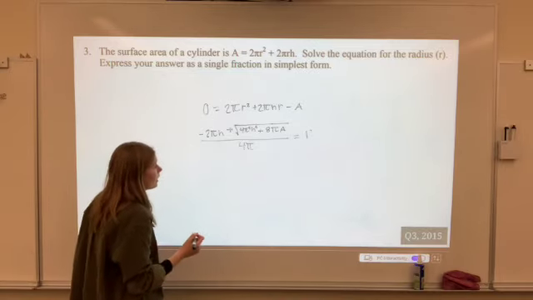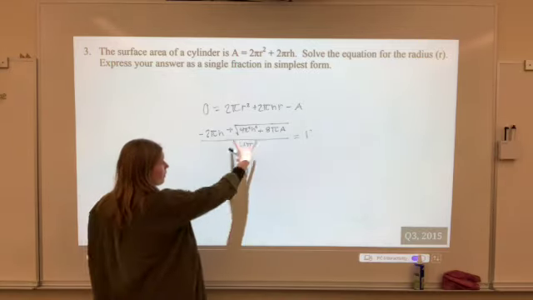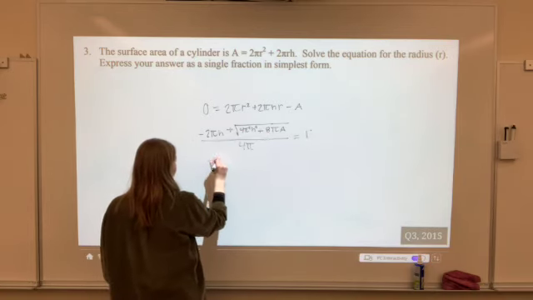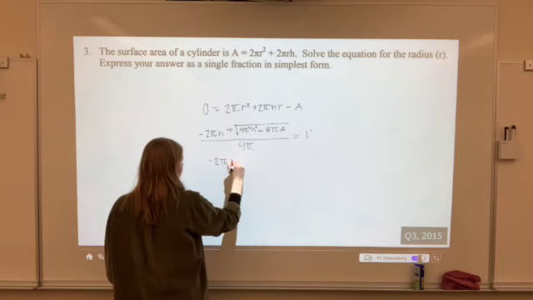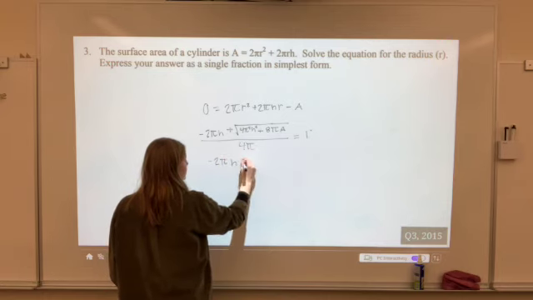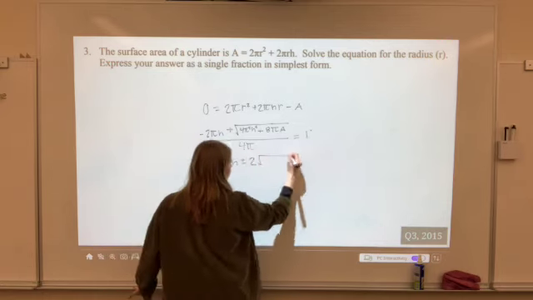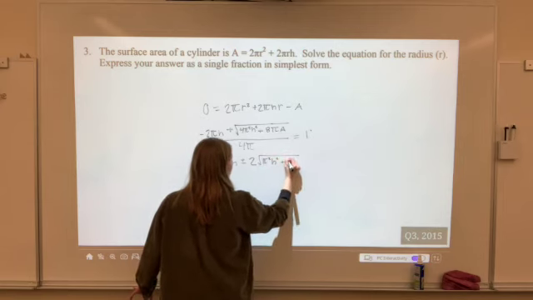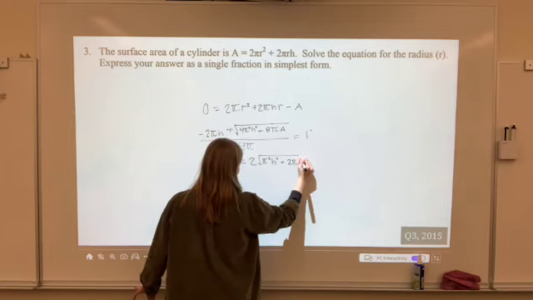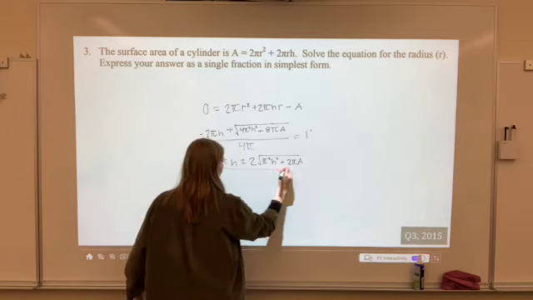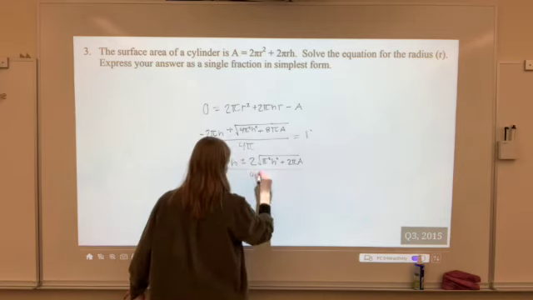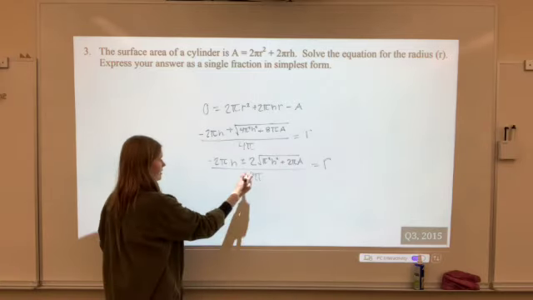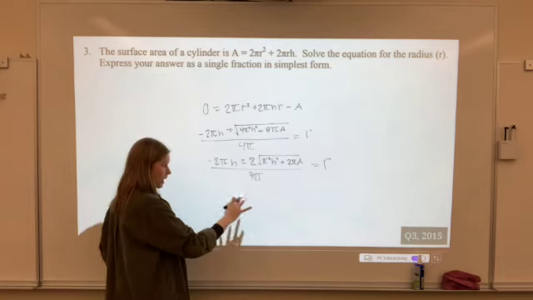So what can we do from it? Well, we can pull out a 4 from each of the terms on the inside. So we have 2 pi h plus 2 times the square root of pi squared times h squared plus 2 pi a, all over 4 pi is equal to r. Okay, now let's cancel out a 2 from the top and the bottom.